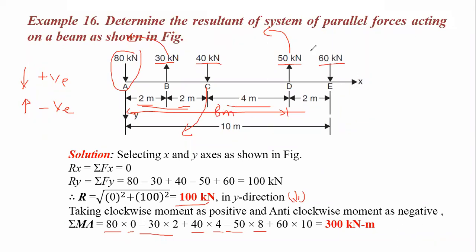Now the last force, this 60 kilonewton force, makes a clockwise moment about point A, and the perpendicular distance is 10 meter. That's why it's plus 60 into 10.